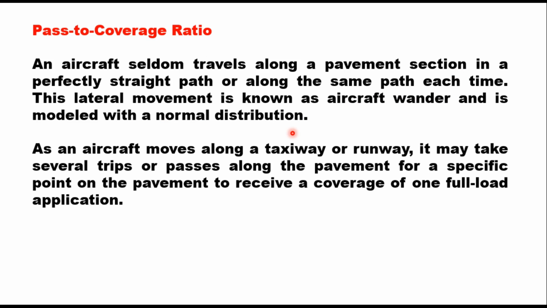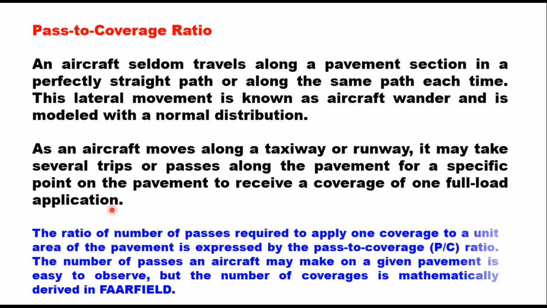As an aircraft moves along a taxiway or runway, it may take several trips or passes along the pavement for a specific point on the pavement to receive a coverage of one full load application. And the ratio of number of passes required to apply one coverage to a unit area of the pavement is expressed by the pass to coverage ratio, that is P by C.